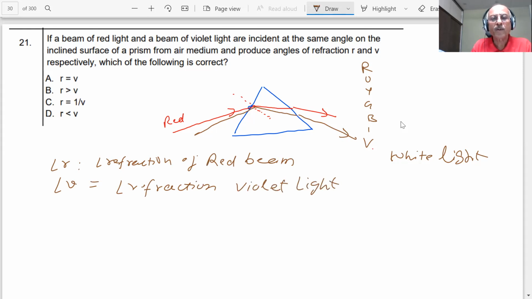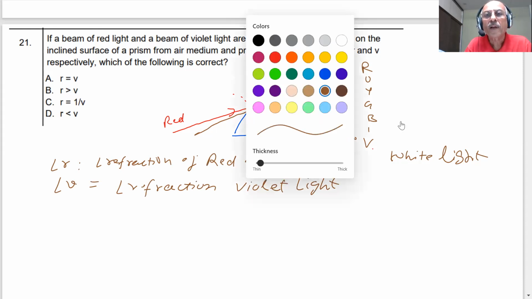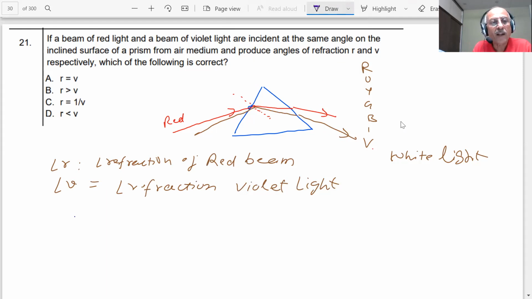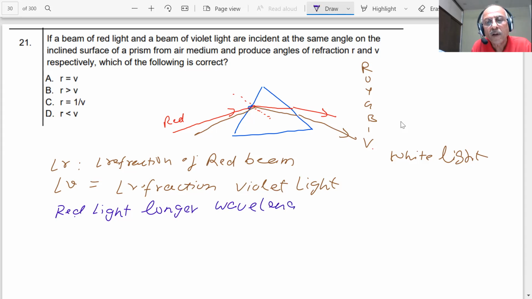Now, students, the important point to know is that red light has a longer wavelength, or more velocity, more speed.